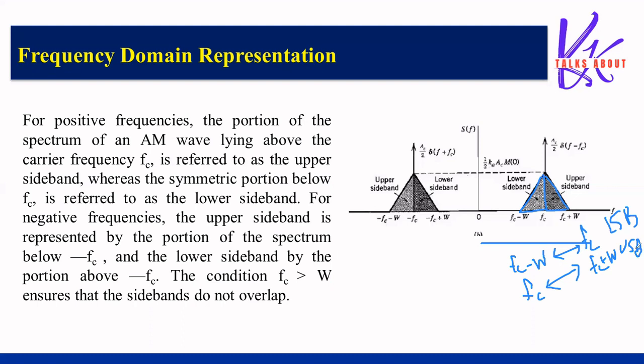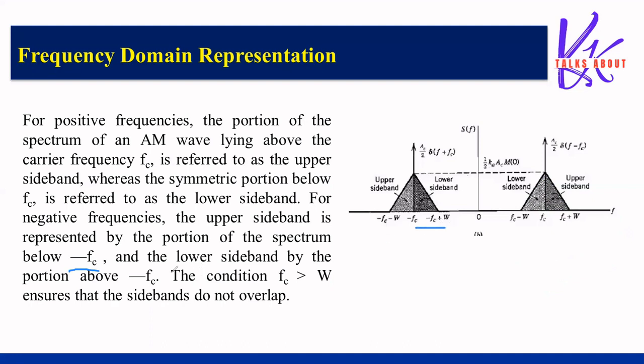In a similar way, if you look at the negative side, the spectrum below minus Fc, from here to here, for negative frequencies the upper sideband is represented by the portion of spectrum which is below minus Fc.